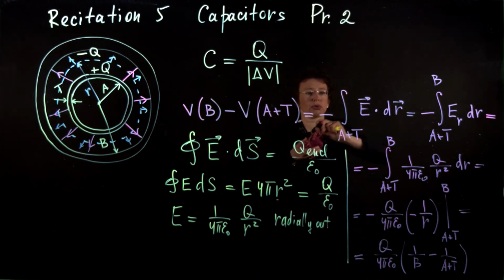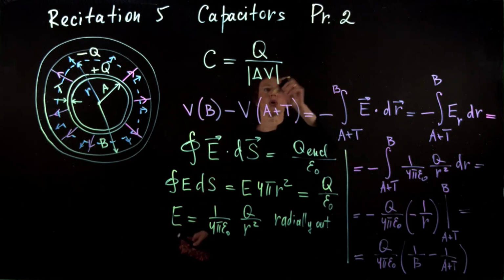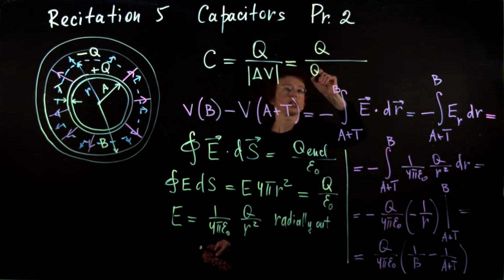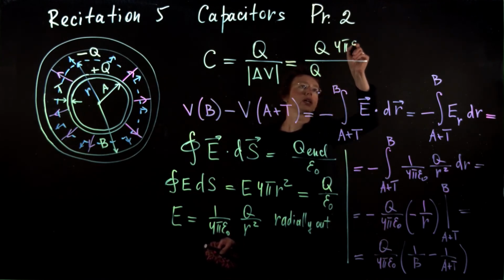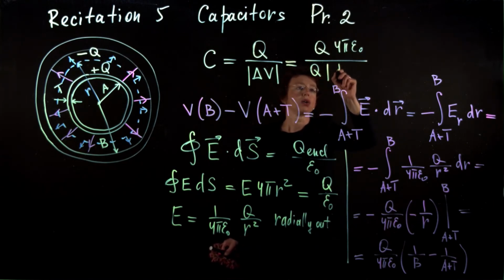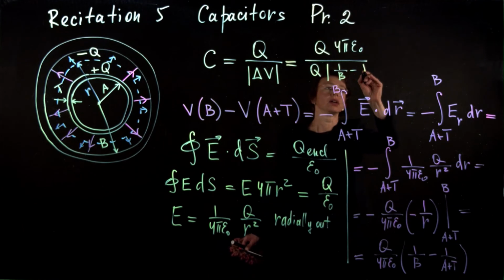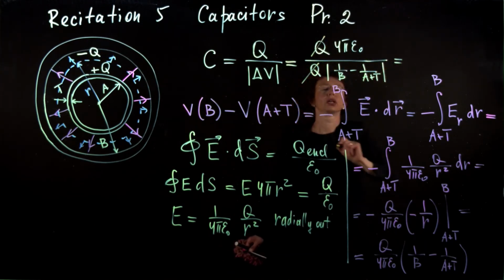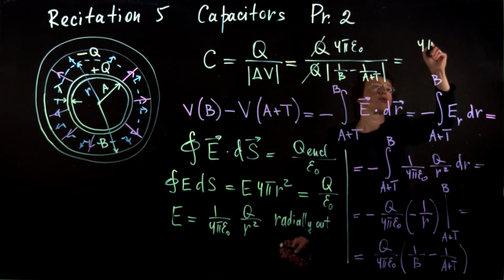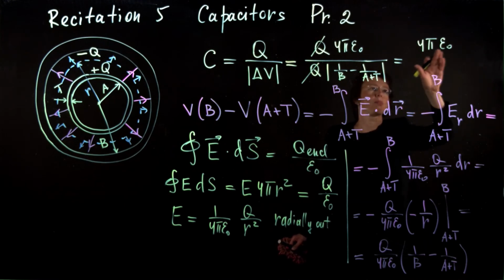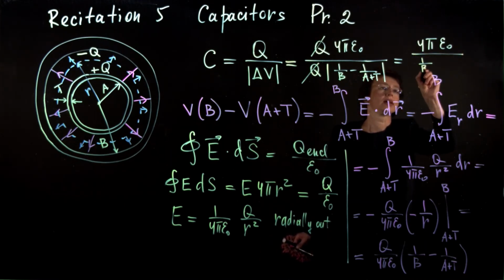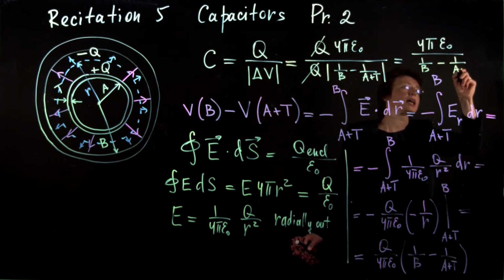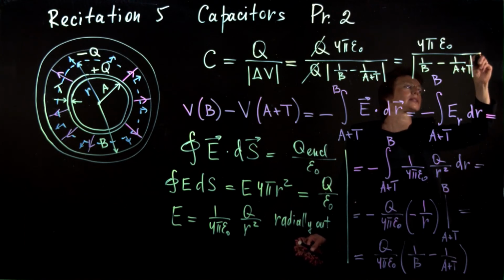So C is Q divided by the absolute value of delta V, which gives me Q, then 4 pi epsilon naught comes to the numerator, divided by 1 over B minus 1 over A plus T. Q and Q cancel out, and we have our expression for the capacitance of a spherical capacitor: 4 pi epsilon naught divided by 1 over B, where B is the inner radius of the outer shell, minus 1 over A plus T, and we have to take the absolute value. Capacitance is positive by definition.